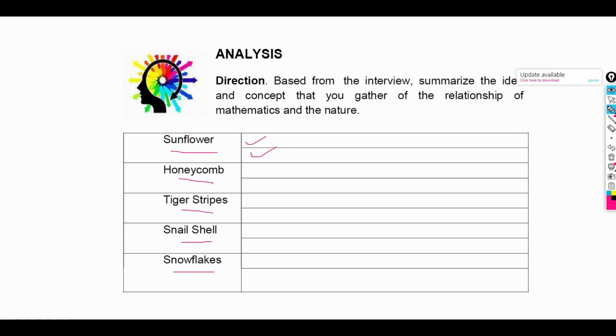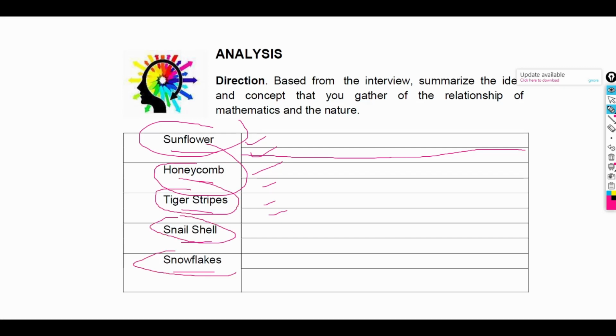So type it here. Since there were three, you need to make an additional line here. Or since this is a summary, no need for you to identify three of them. Just summarize as a whole.